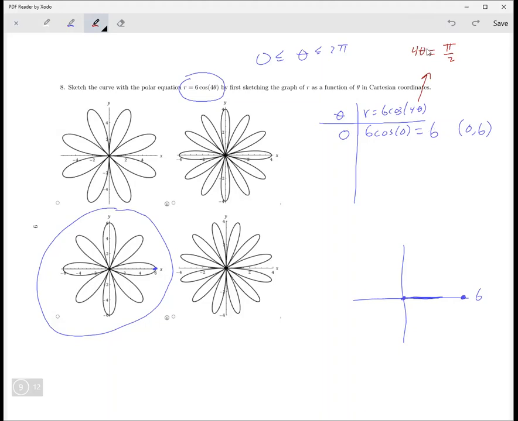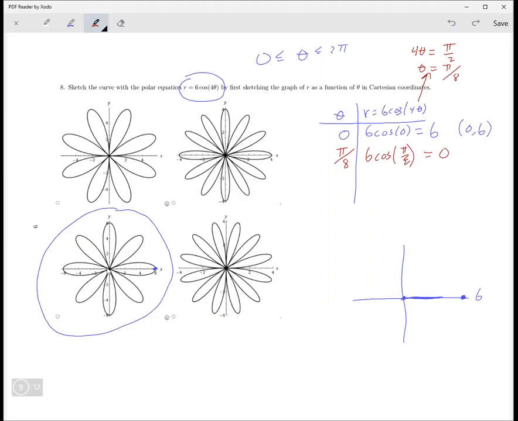The next point we'd choose would be where we're calculating cosine of 4 theta, and you take this inside part and set it equal to pi over 2. Then that theta would give pi over 8. So the next value of theta that we could choose is pi over 8. And that would give you 6 cosine of, you put a pi over 8 in here, then that's going to be pi over 2. And cosine of pi over 2 is 0, so that's going to be 0.